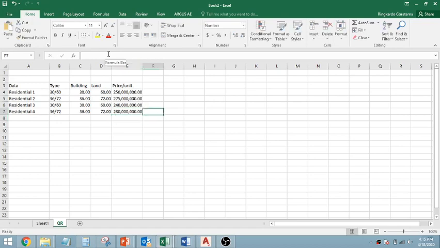And we need to analyze the building costs, say in rupiah per square meter.